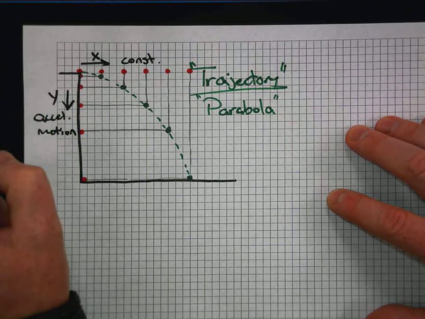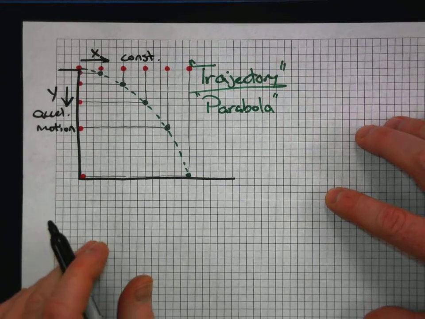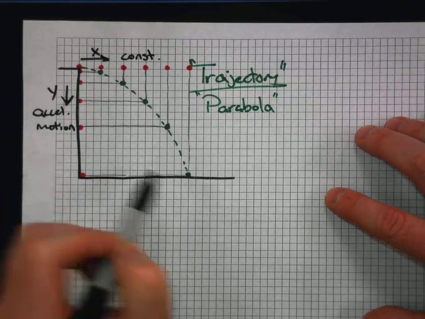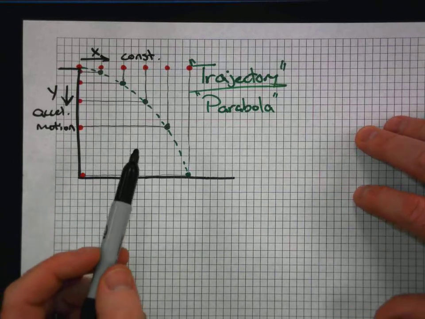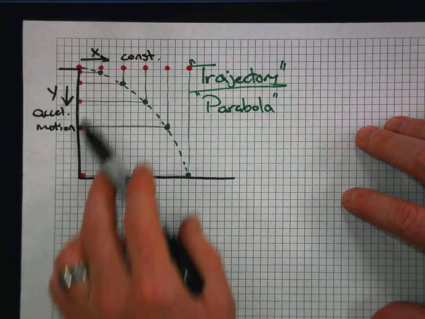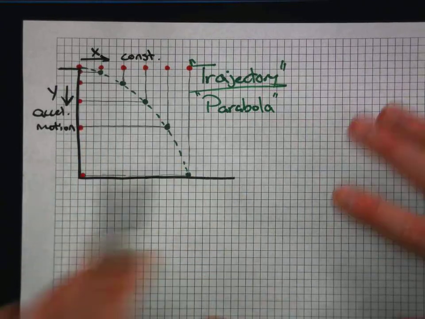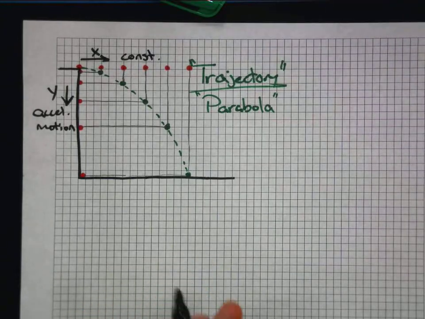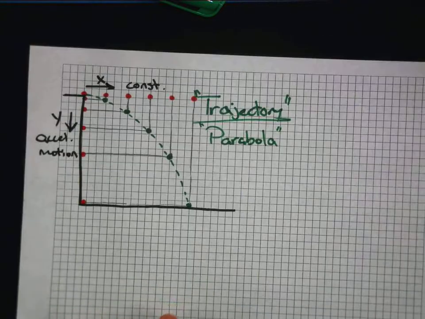Right? So how does this work? How do we figure out where the ball would be, and maybe some other things? We have to solve this kind of problem by dealing with the vertical motion and the horizontal motion separately from each other. And that gets us to these problem-solving tips that I want to go through with you right now.